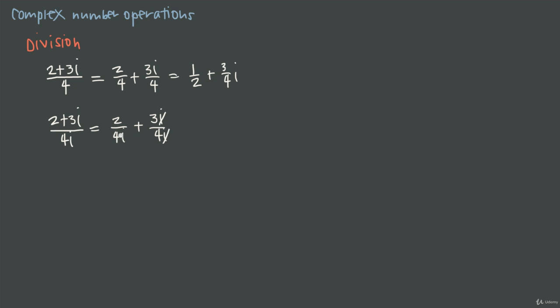For the first fraction, we'll bring this i to the numerator because this i is i to the first power. If we bring it to the numerator, we just have to change the sign on the exponent. So instead of i to the first in the denominator, we'll get i to the negative 1 in the numerator. So we can rewrite this as 2 over 4 i to the negative 1 plus 3/4.